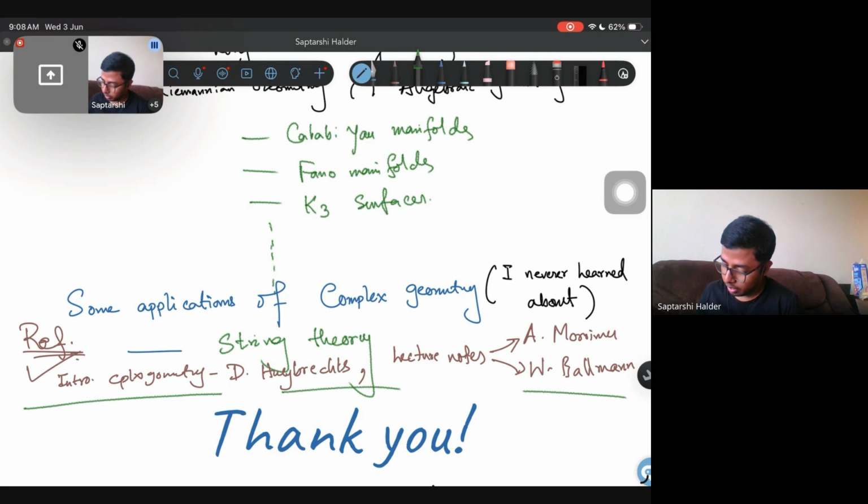These are very good, but I will say Huybrechts is more algebraic than Moroianu and Ballmann. If your point of view is that of a differential geometer, I would prefer those two, but in general, for a fundamental first study, Daniel Huybrechts is an extraordinary text. But make sure that before going to these books you have a good background in Riemannian geometry. At least one course on Riemannian geometry will help, and you can find multiple resources regarding Riemannian geometry online.